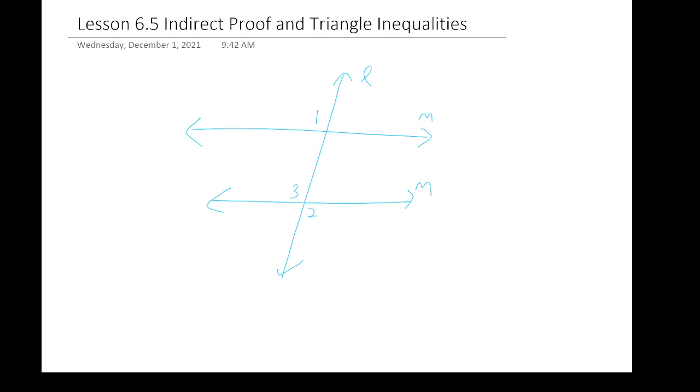And here's what we're going to be given: M is not parallel to N. We're going to use that to prove that angle 1 is not congruent to angle 3.